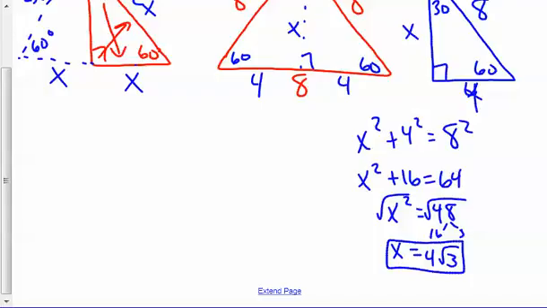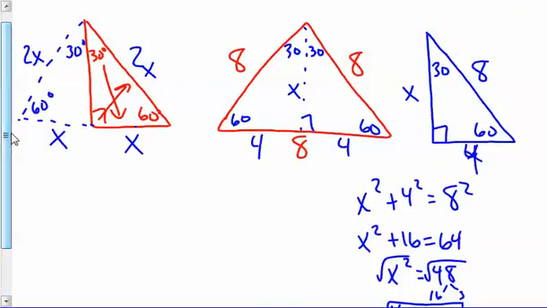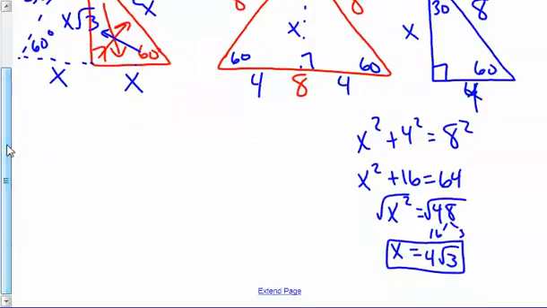So that kind of gives us a nice example of whatever x is, the hypotenuse will be 2x, and the long leg, the one opposite of the 60-degree angle, will be x root 3. All right? And in this case, 4, 8, and 4 root 3.